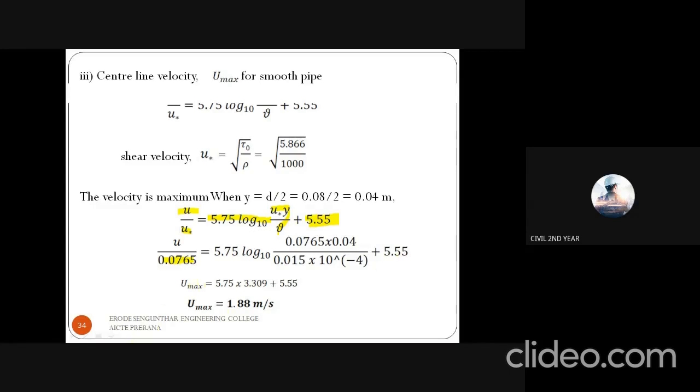Simplifying, U max equals 5.75 into 3.309 plus 5.55. So U max equals 1.88 meter per second.